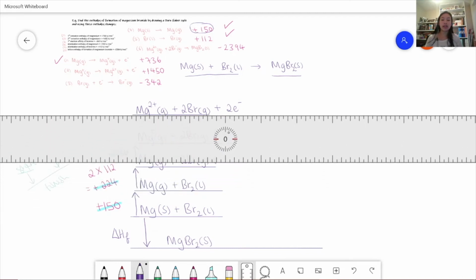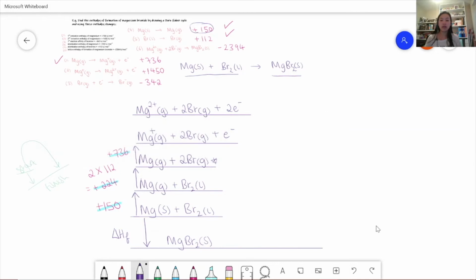This is actually going to be our top level, because that's the end of our endothermic reactions. And this value is plus 1450.